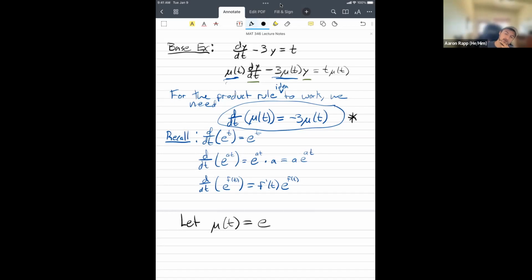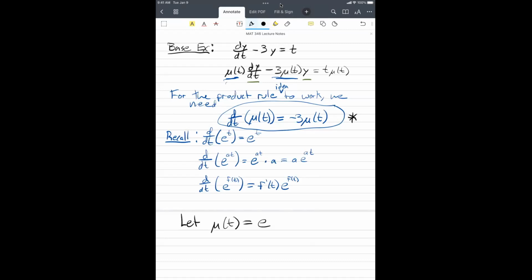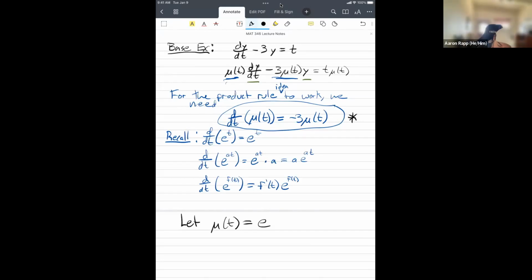This is what I'm trying to make sure: when I pick mu of t, it satisfies that, and when I take its derivative, it's -3 times the original function. Like e raised to -3t. Yep, just e raised to -3t.